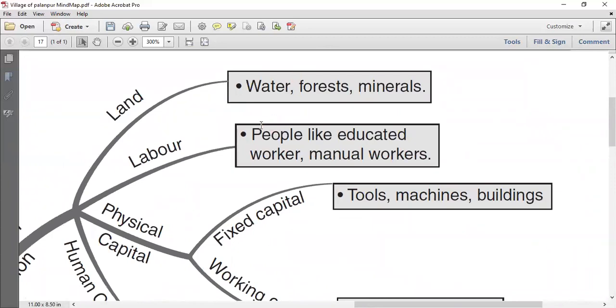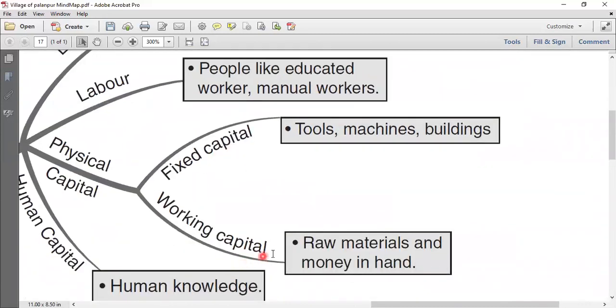Then we saw physical capital, which is again further subdivided into fixed capital and working capital. Fixed capital is something that will be used over the years. It is not going to be exhausted during the production cycle. So it could be the tools, machines, buildings, the things that will not get exhausted.